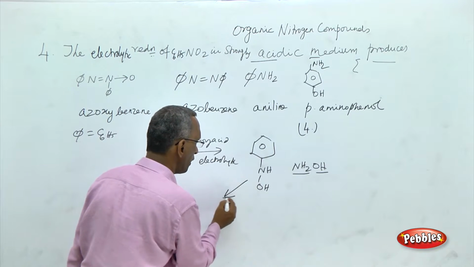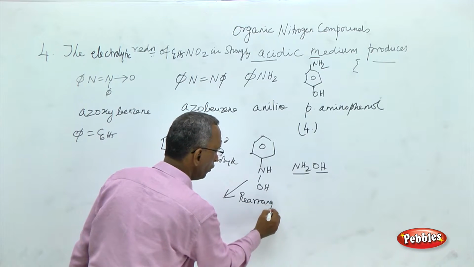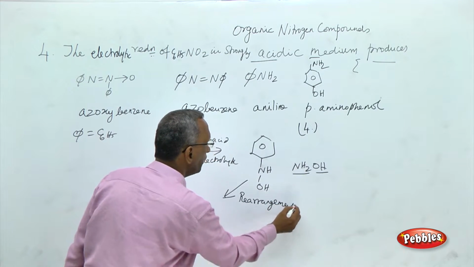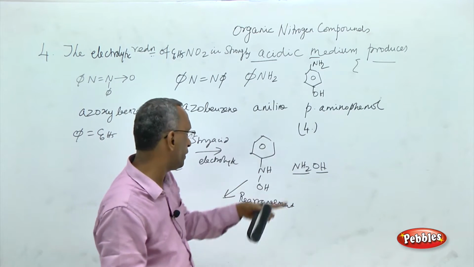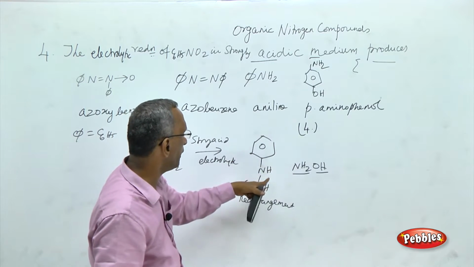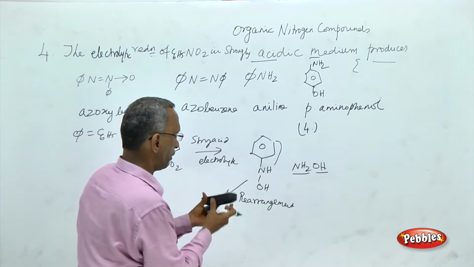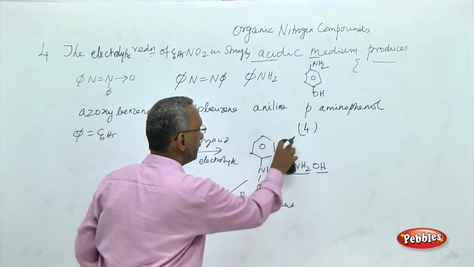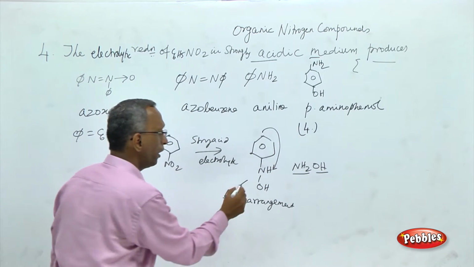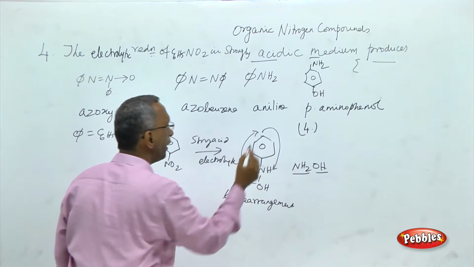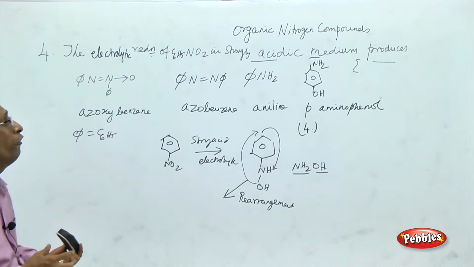This phenyl hydroxylamine undergoes rearrangement, so that the hydroxyl group goes to the benzene nucleus and the hydrogen comes here. So benzene hydrogen from the para position comes to the amino hydrogen, whereas the hydroxyl group goes to the para position, and it forms para-aminophenol.